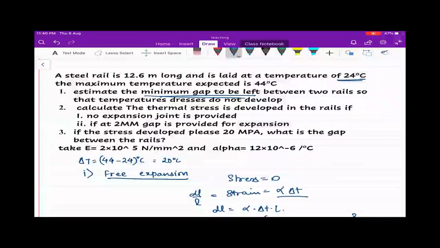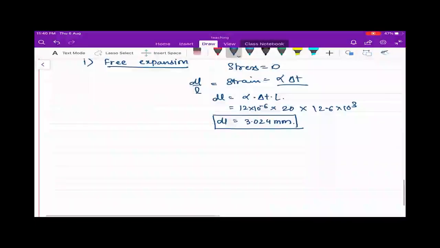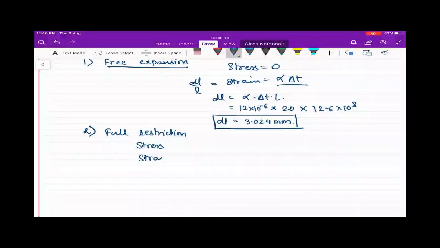If there is full restriction, what will happen? In case of full restriction, as we have discussed earlier, stress will be there, and what about strain? Strain will be equal to 0. So whenever we get such kind of problem, first of all implement your conditions.